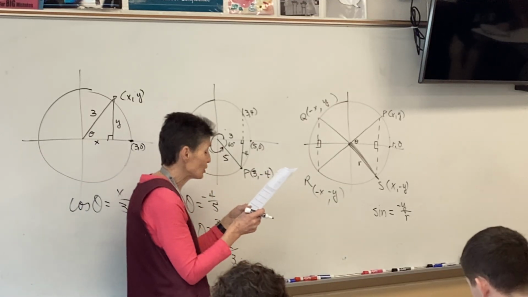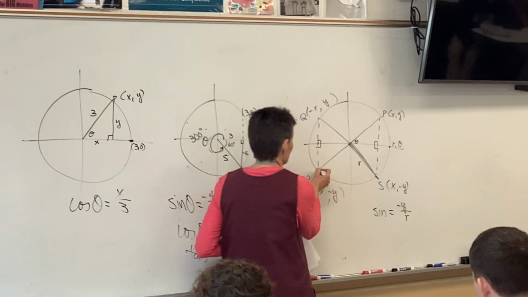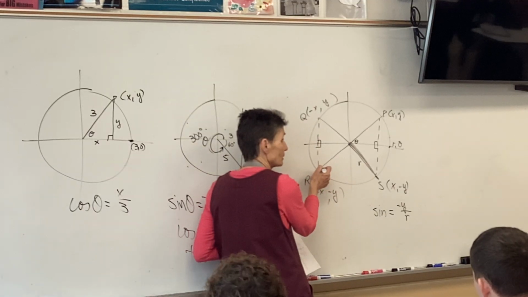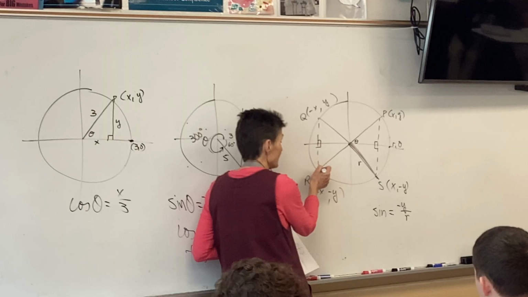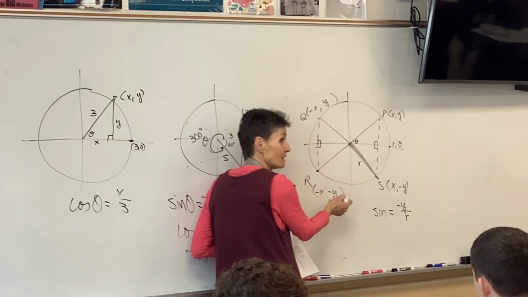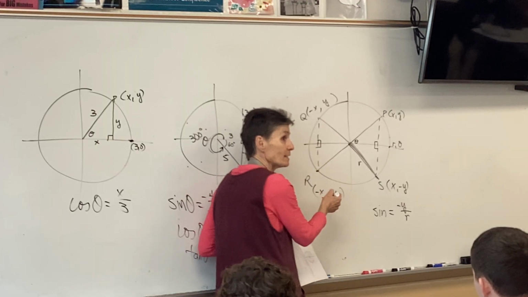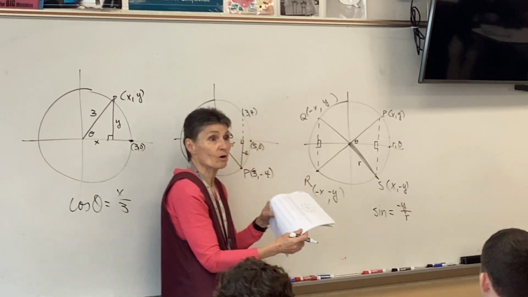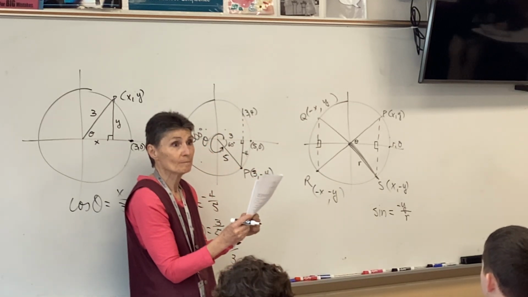Find the tangent at R. The tangent at R would be positive y over x because the negatives are going to cancel.